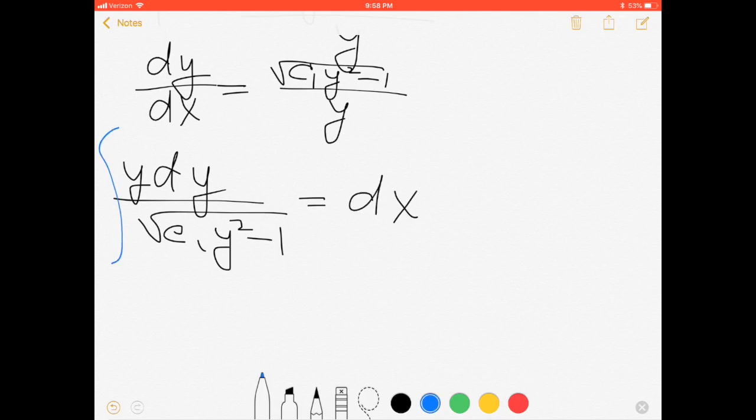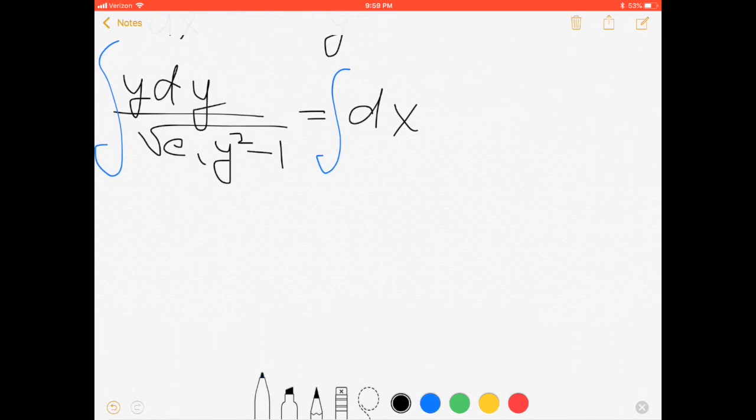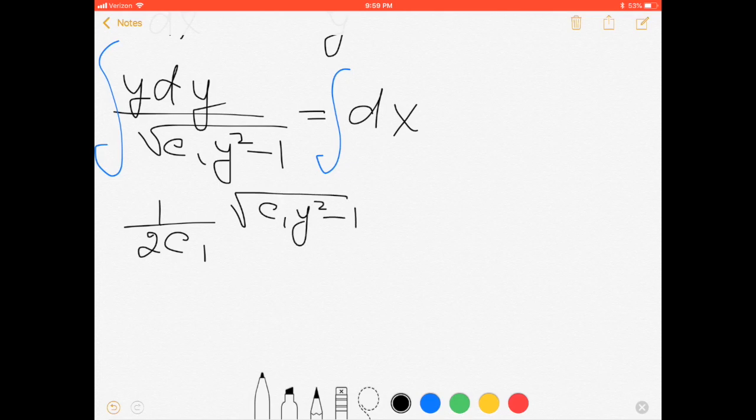Take the integral of both sides. Okay, we have 1 over c1 times the square root of c1 y squared minus 1, equal x plus c2.